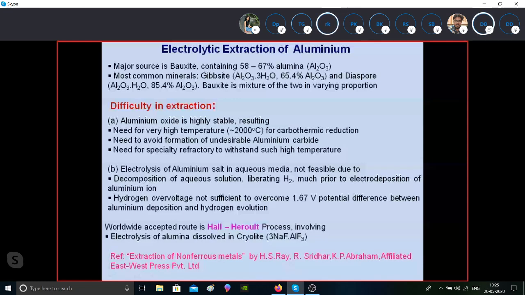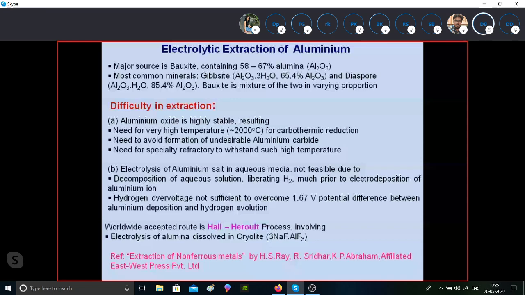So this is a new type of concept that came up, that we need to dissolve alumina first in cryolite, which again contains aluminium. Cryolite is nothing but 3NaF, sodium fluoride, and aluminium fluoride, AlF3.